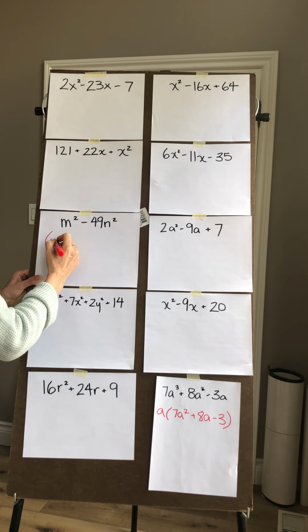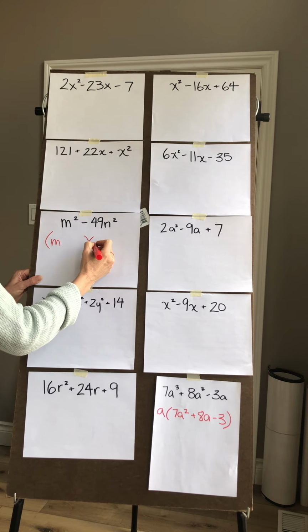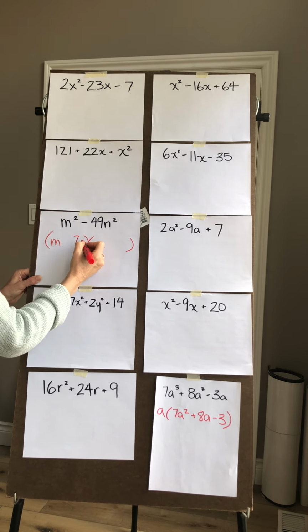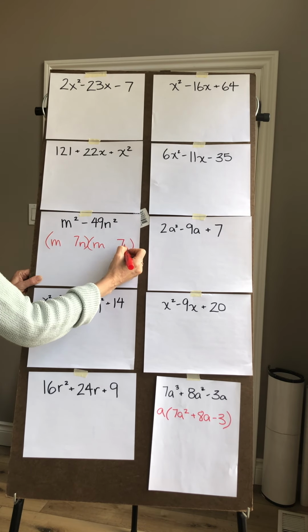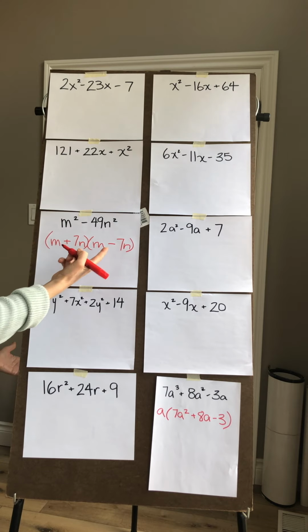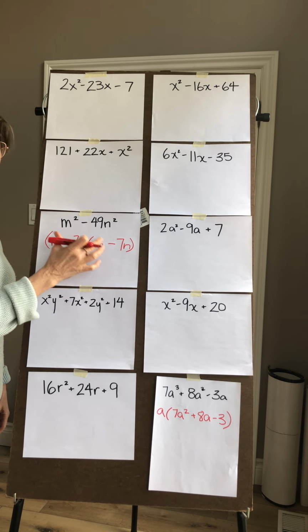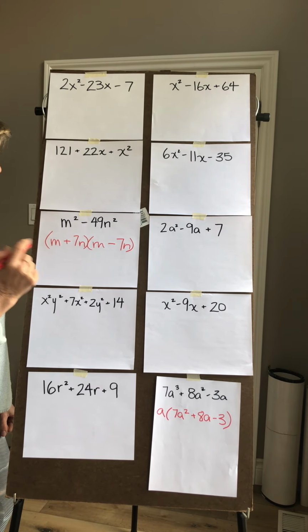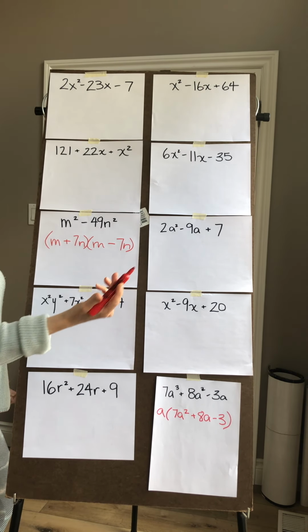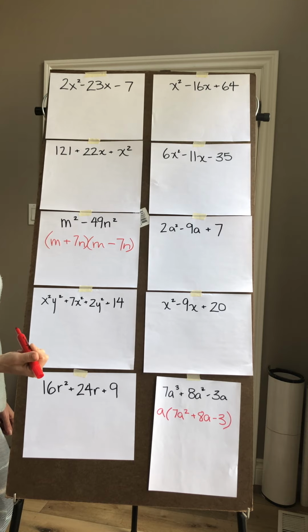So this is where you put M at the front, and then you're gonna put 7N at the back, and then a plus and a minus, or you put a minus and then a plus. It doesn't matter, as long as you make sure those signs are opposite, okay? And if you wanna check it, multiply through, and you'll get what you started with.